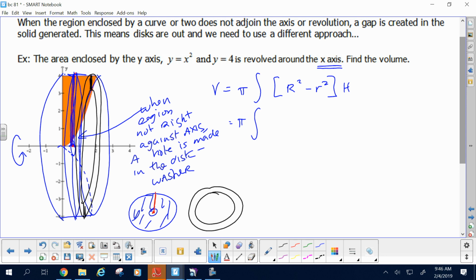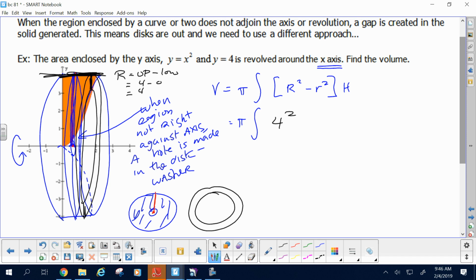Is it still 4? Yeah, big R is always the same: upper is always the same and lower is always the same. Big R always goes to 4, to the center, which is always 0. So this is always 4, so it'll be big R squared, 4 squared.